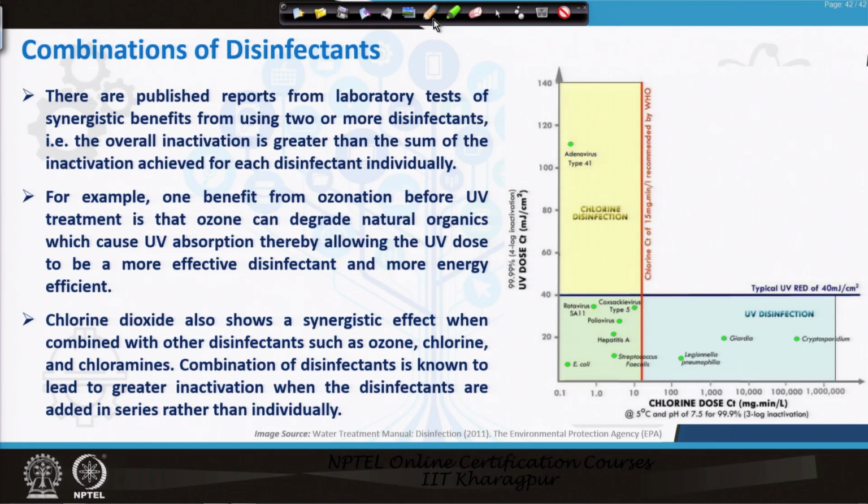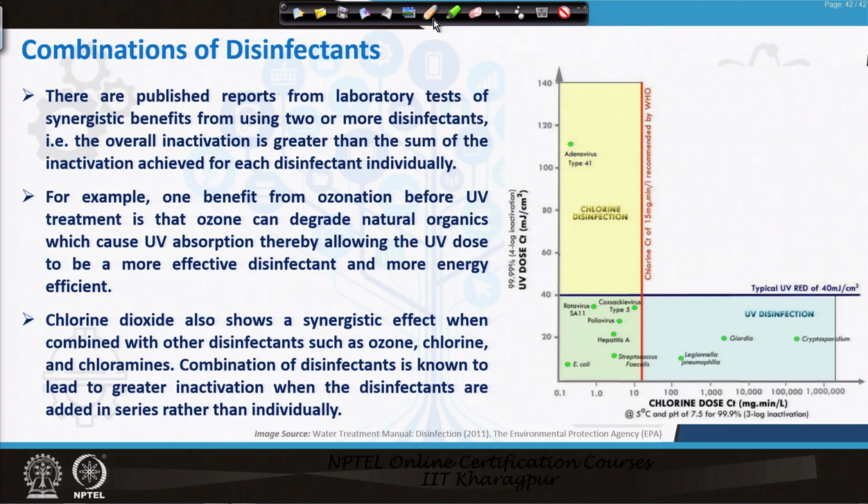For example, ozonation before UV treatment: ozone can degrade natural organics, which can cause absorption of the UV light, thereby allowing the UV dose to be a more effective disinfectant.